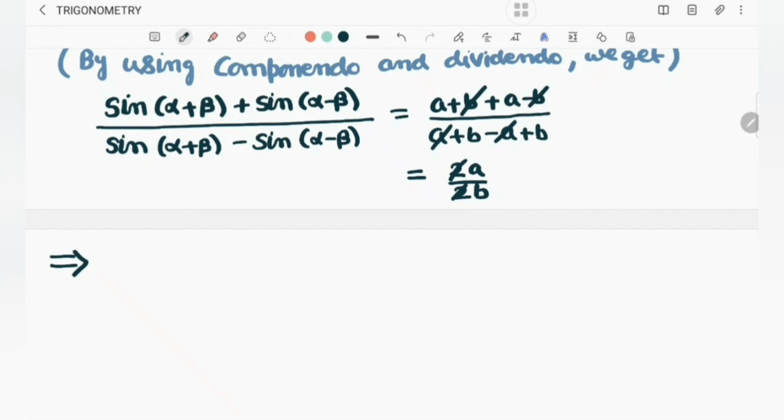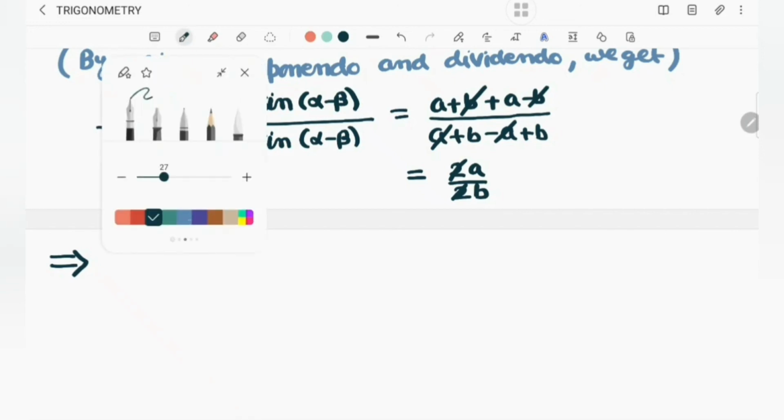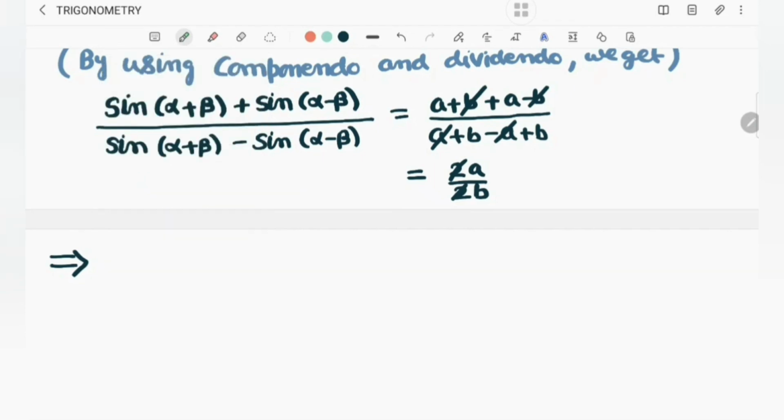So here, sin of a plus b plus sin of a minus b, we have the formulas. I will write them, then only it is better. Sin of a plus b plus sin of a minus b is equal to 2 sin a cos b. So the numerator formula you can write directly.